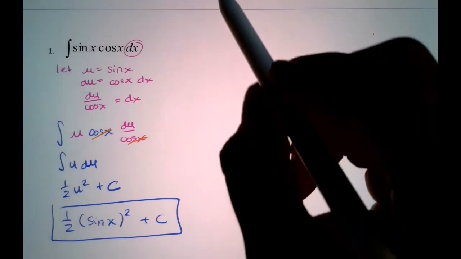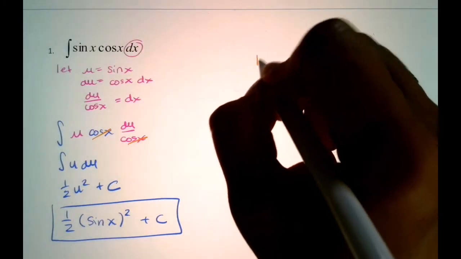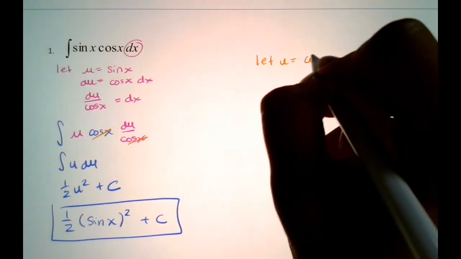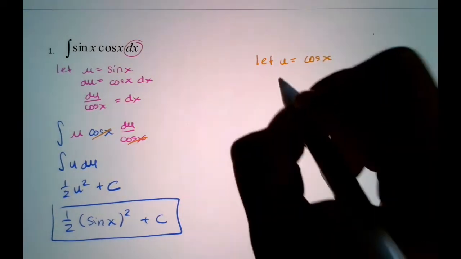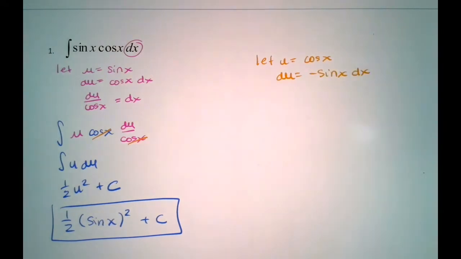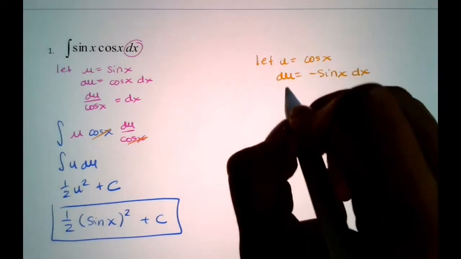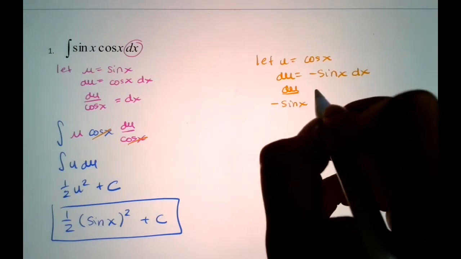Your other path would have been, well, what if you decided to let u equal cosine? You can see where this is going. You think in your head, the derivative of cosine is negative sine. That's good enough to get me where I want to go, because when I isolate that for dx, I get du over negative sine x.